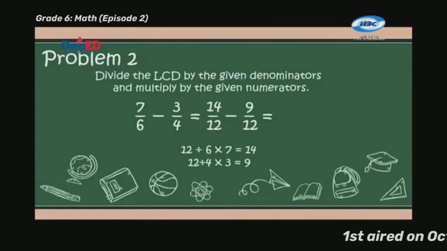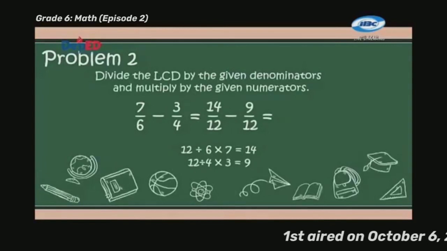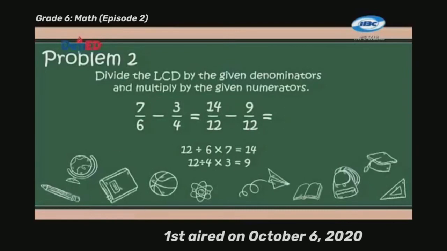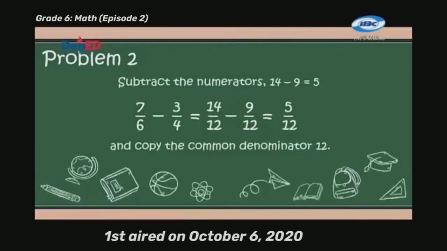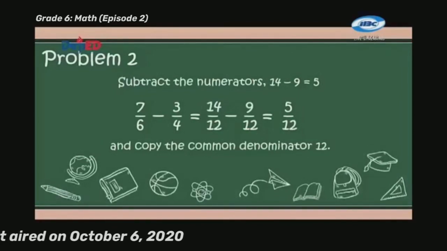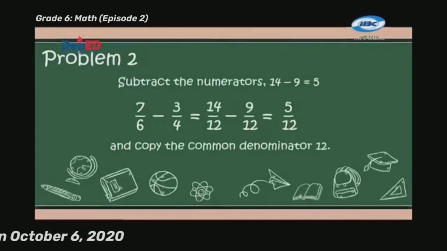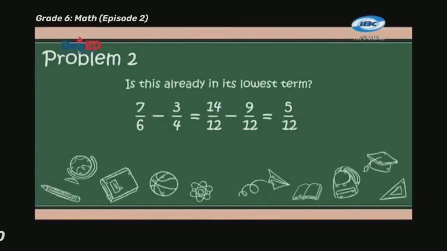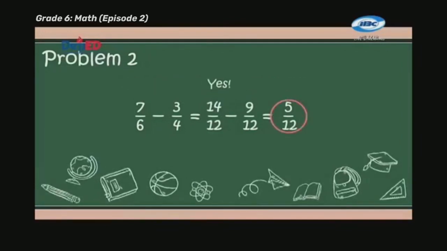We have now 14 twelfths minus 9 twelfths. Subtract the numerators. 14 minus 9 equals 5, and copy the common denominator, 12. We have 5 twelfths. Is 5 twelfths already a lowest term? Yes, our final answer is 5 twelfths.